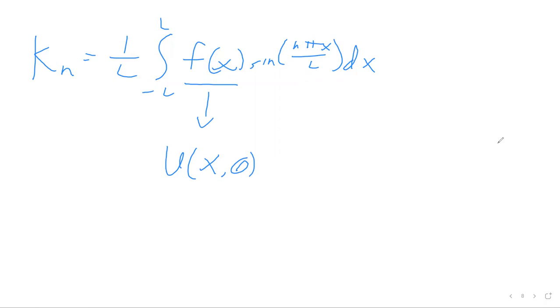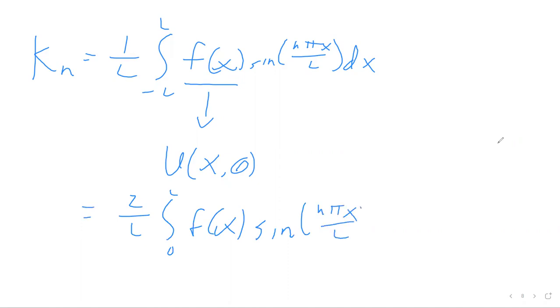And if that u is going to be an odd function, since sine is odd, two odds multiplied are going to give you an even. We then simplify a little bit further to get that.